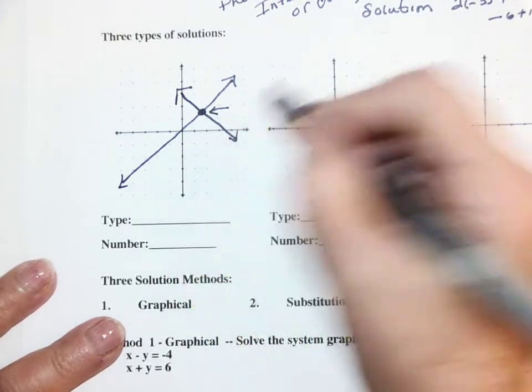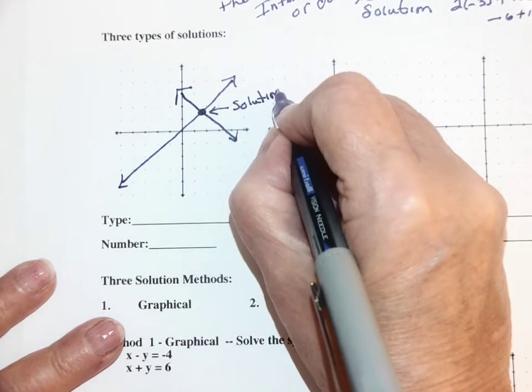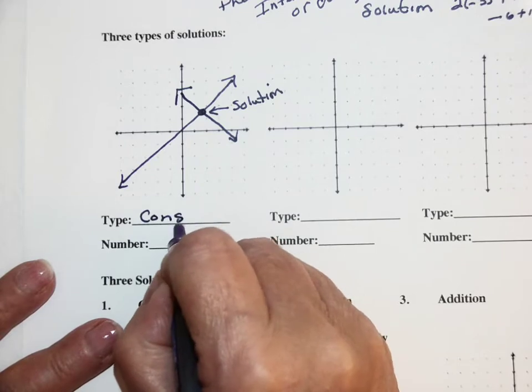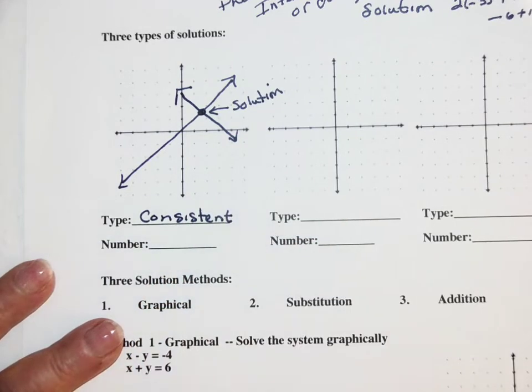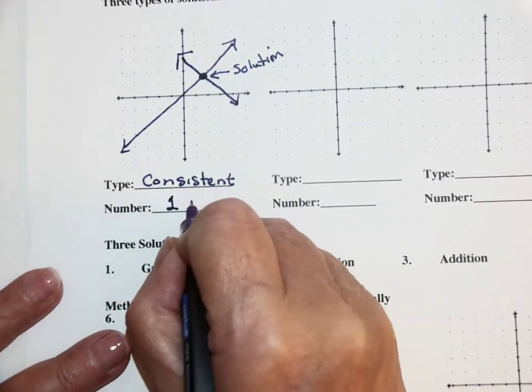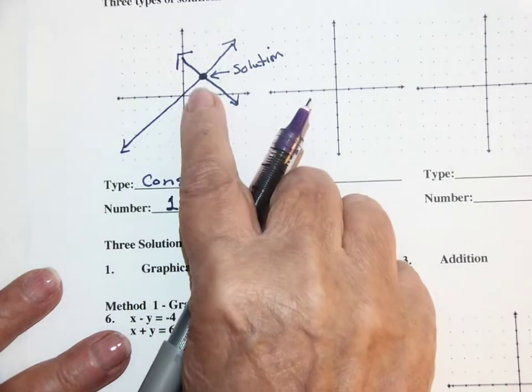So this would be your solution. This type is consistent. That means it has a solution, and the number of solutions it has is 1. And that's where they cross.